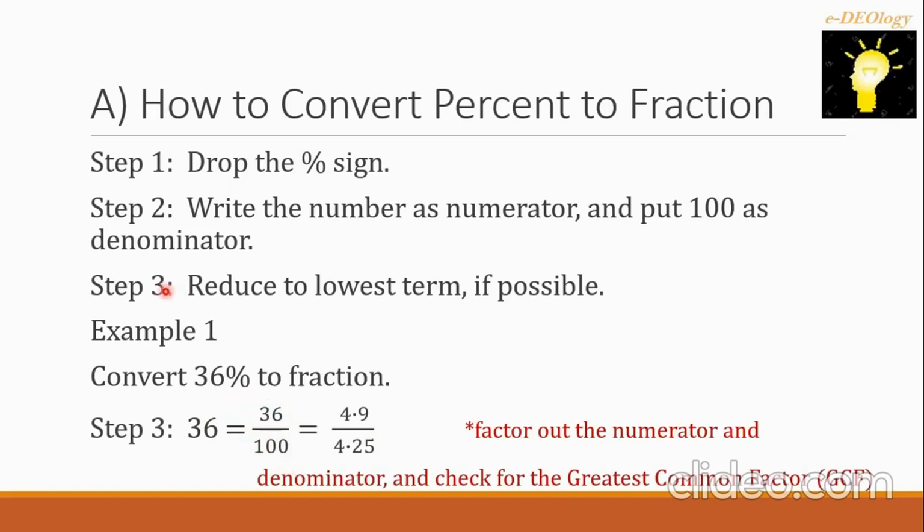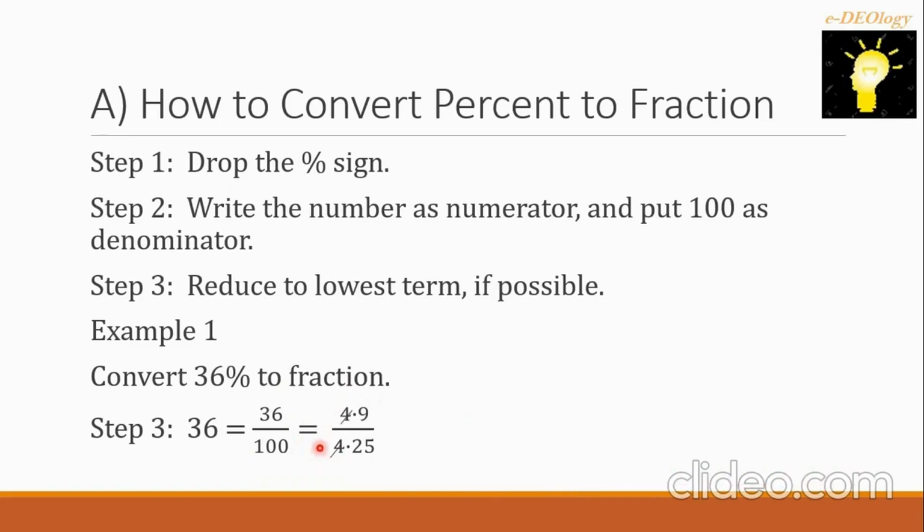And in step 3, I'm going to factor out the numerator and denominator, and I will check for the greatest common factor. So the 36 is factored out into 4 times 9, and the 100 is factored out into 4 times 25. As we can see, the number 4 is common to the numerator and denominator, so we can cancel that.